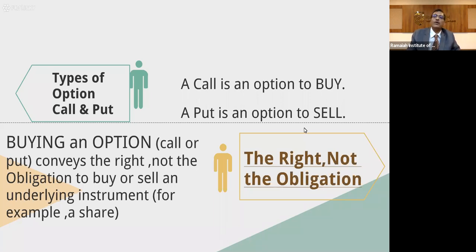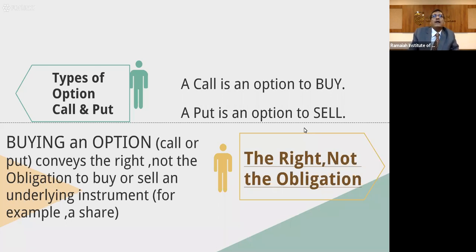A call is an option to buy, and a put is an option to sell, right? And therefore, we are talking about the right. When you talk about a call, an option to buy, you're talking about the right. I don't have any obligation per se to buy or sell an underlying instrument, which is obviously the stock.